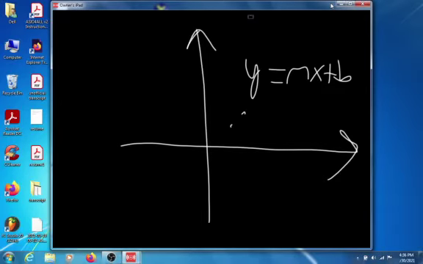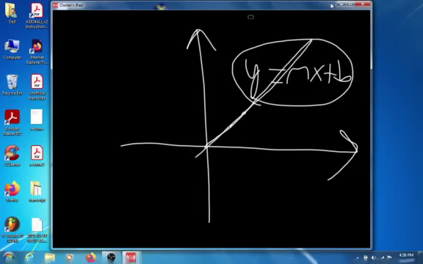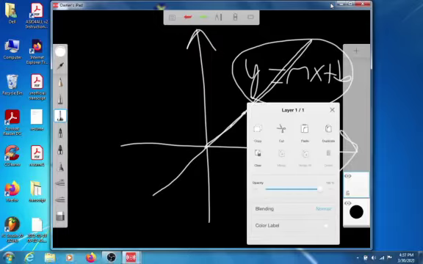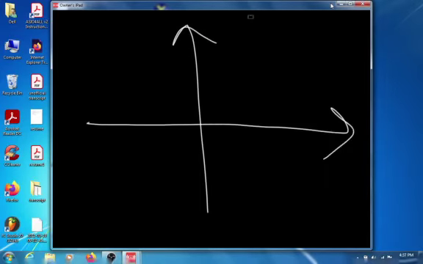If the equation is in the form y equals mx plus b, it'll graph one straight line on a Cartesian coordinate plane. That's linear.